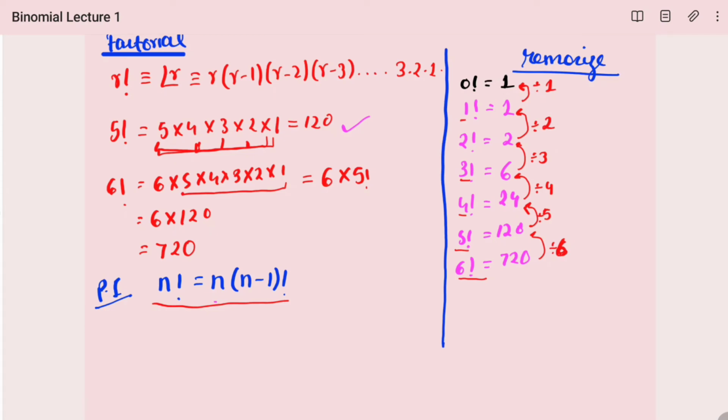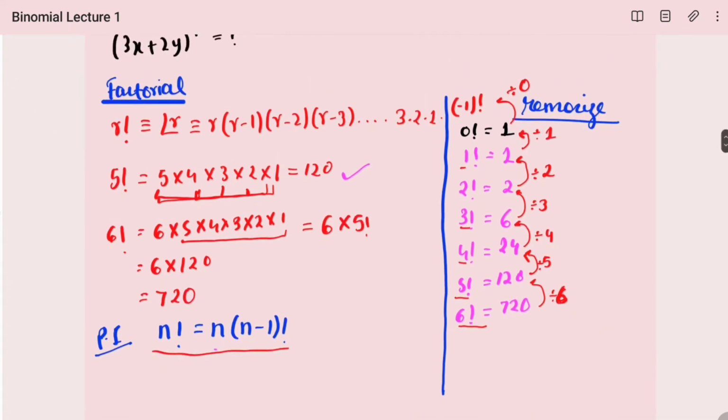Now you might say, why can we not proceed like this further to define minus 1 factorial? Now minus 1 factorial is a little tricky, because after getting 1 factorial twice, after getting 0 factorial, you have to divide 1 by 0. According to the process that we have followed, when we were going back each factorial, we were dividing by that number, right?